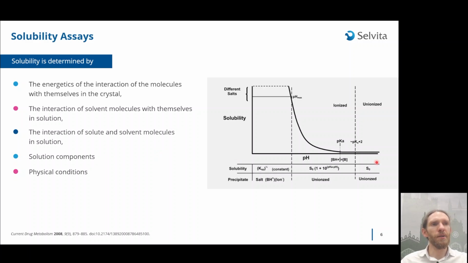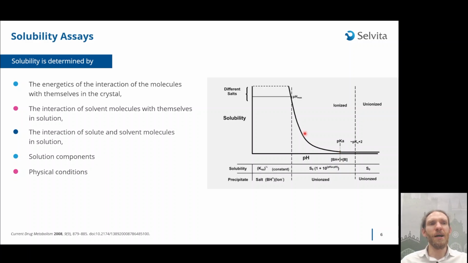And this is the diagram for a basic molecule. At high pH, there will be low solubility of this compound. When we decrease the pH, increasing the acidity of the environment, there will be an increased concentration of the ionized form of the compound, which will be equal to the concentration of the unionized form when the pH reaches pKa.